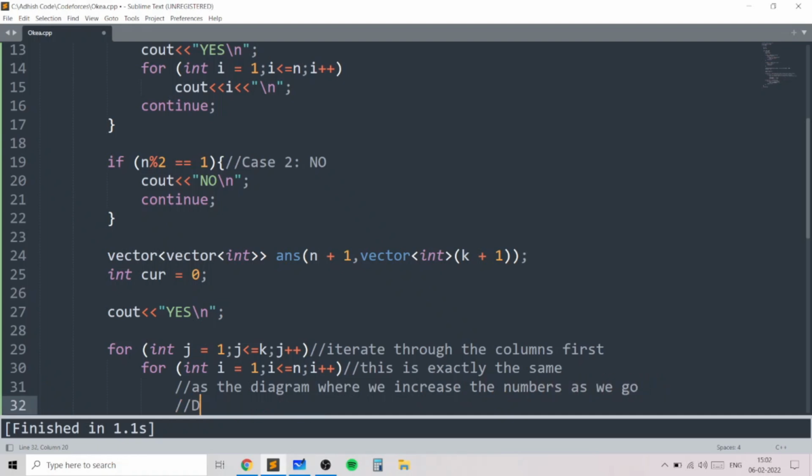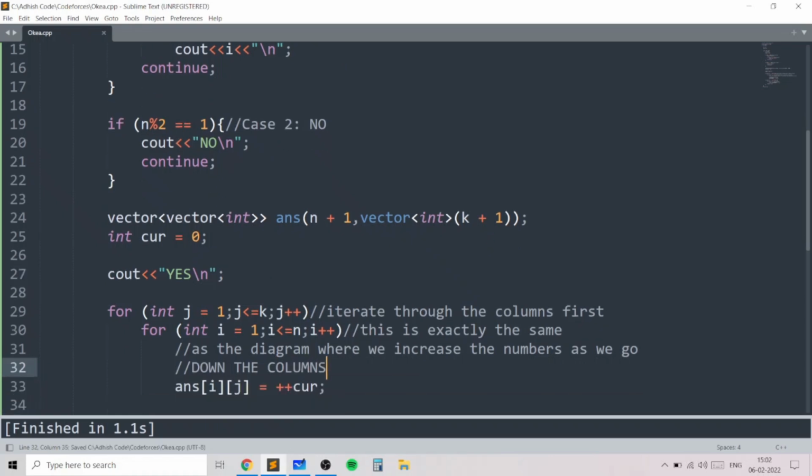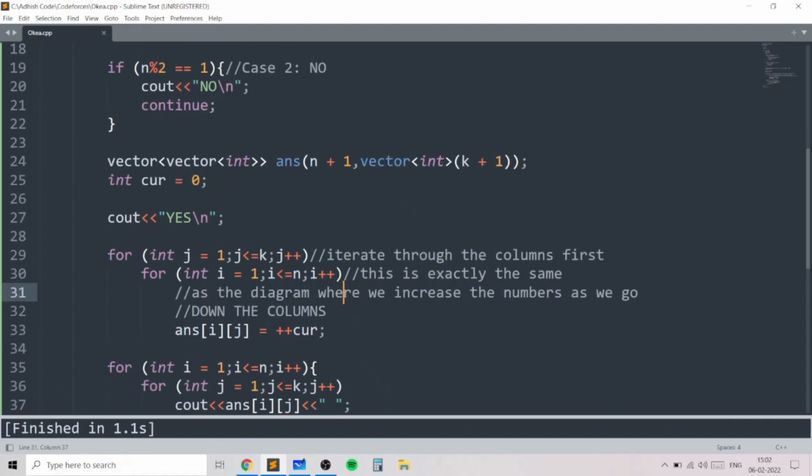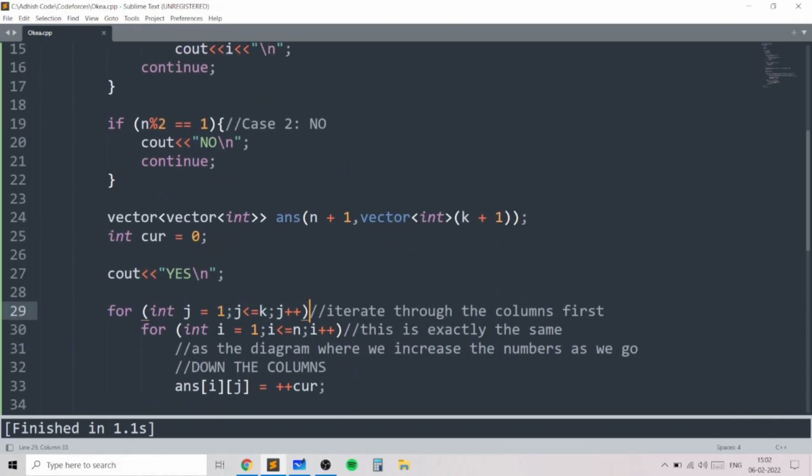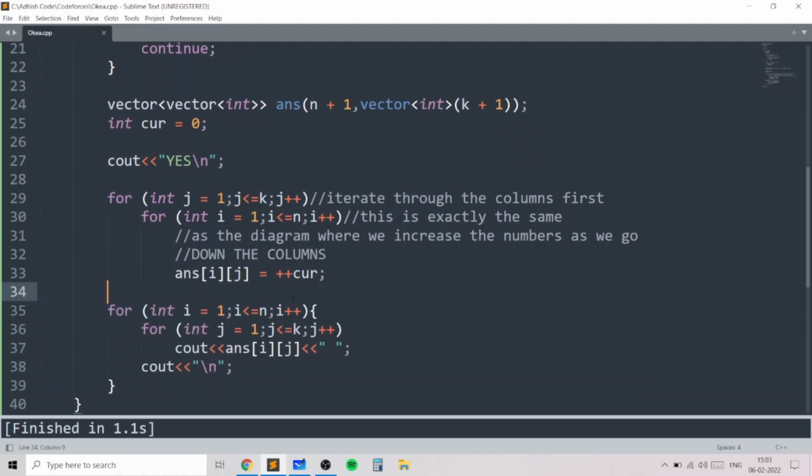So that's the key thing which we are doing over here. We are going down the columns and increasing the number column wise, and then we are going across the rows. So if you run the i loop first and then the j loop after that, you can just set the answer to be the current number, and in the end obviously you will print it in the correct order, which is the i loop and then the j loop.